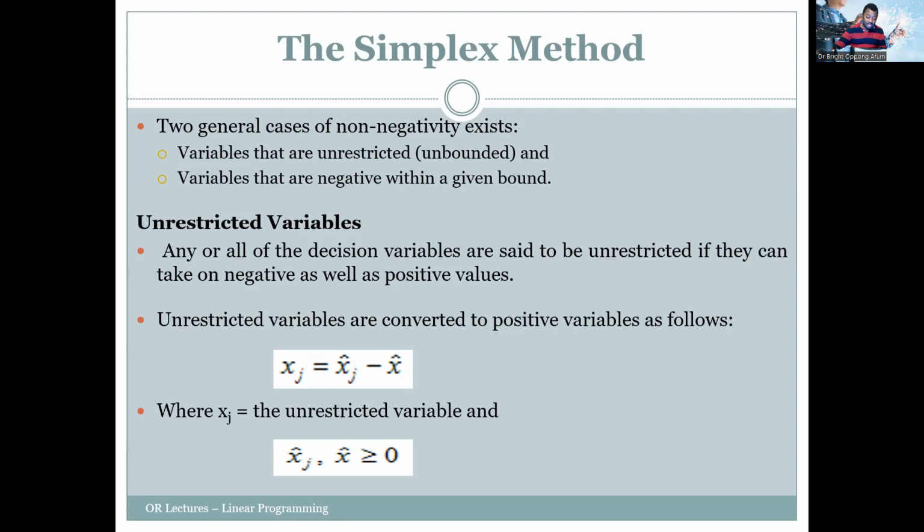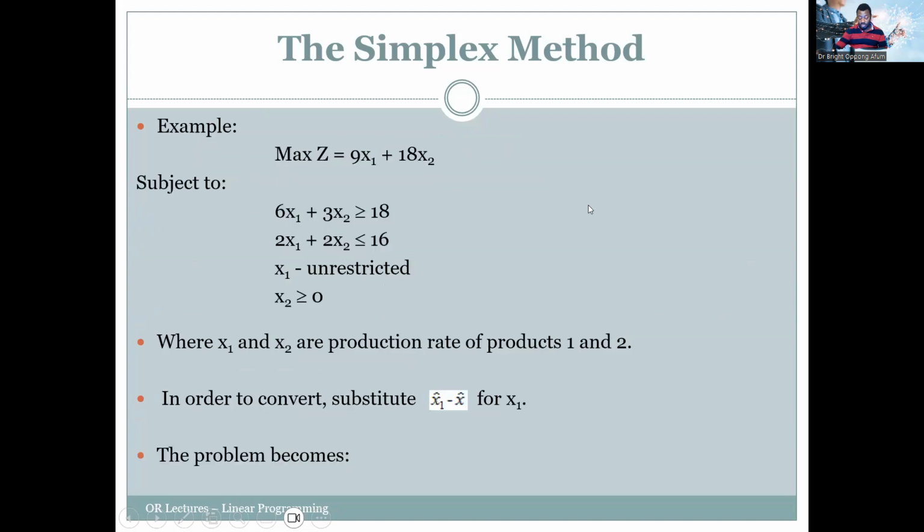This is the first way to treat an unrestricted variable. So we'll solve one of them using this particular example. Assuming that we are maximizing Z, and let me get my pen here.